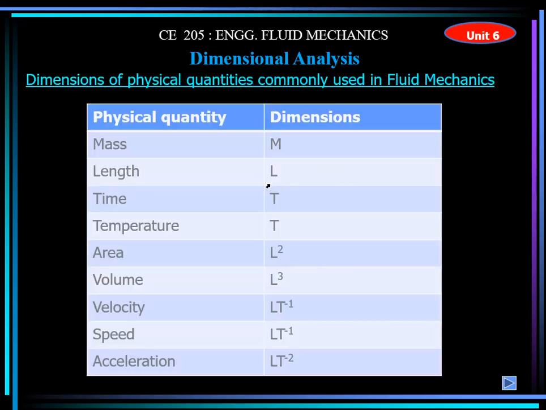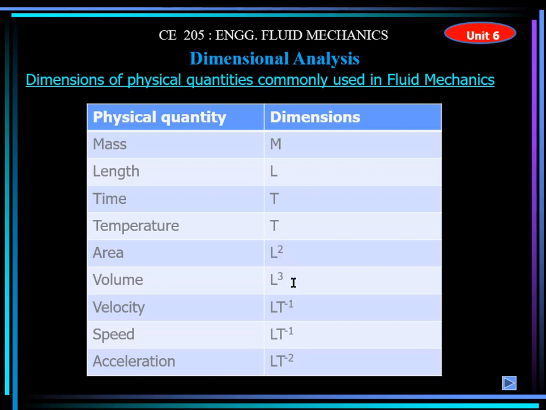For example, the basic physical quantities are mass, length, time, temperature, area, all these things having dimension. Mass can be represented by M, length as L, time as T, temperature also, and area, for example for a rectangle, length into width, so the dimension will be L square.